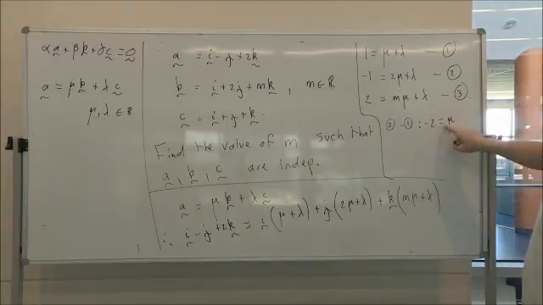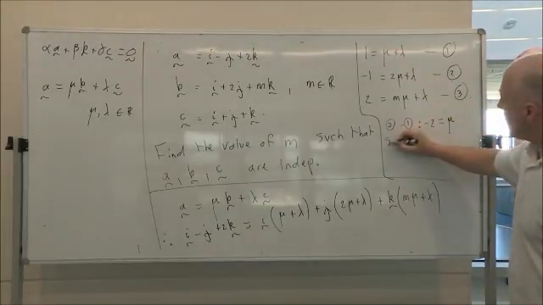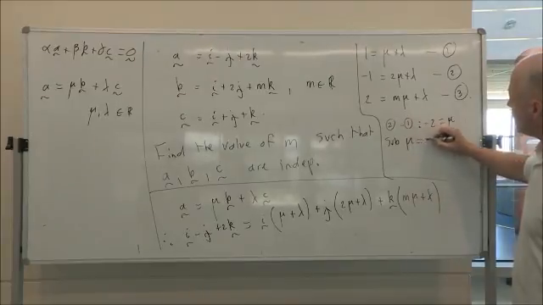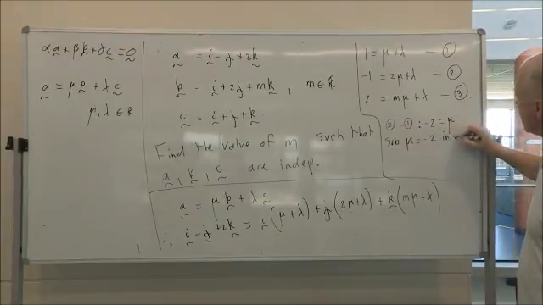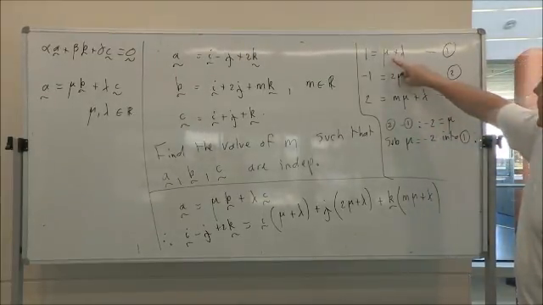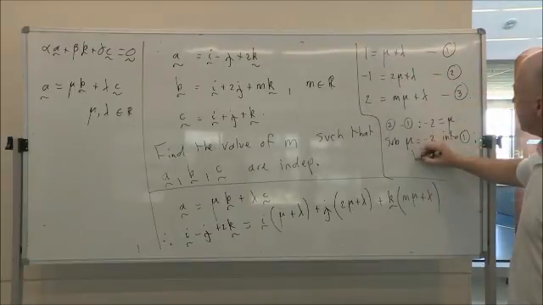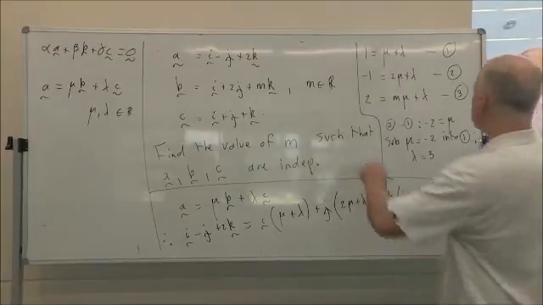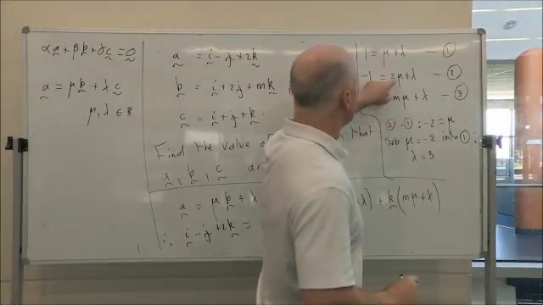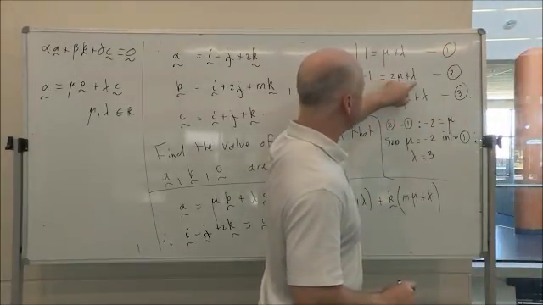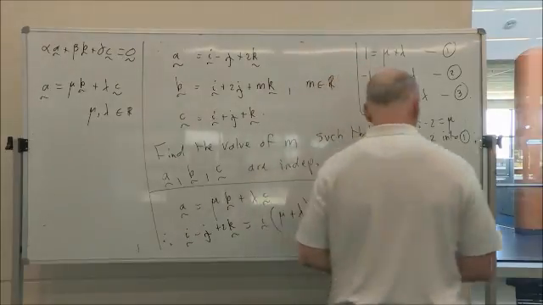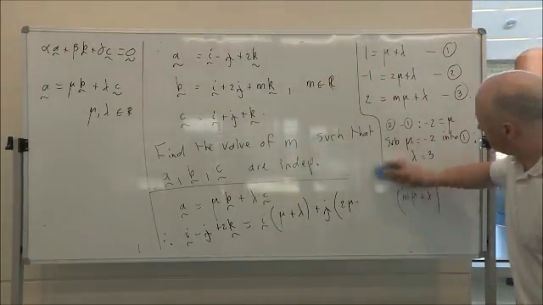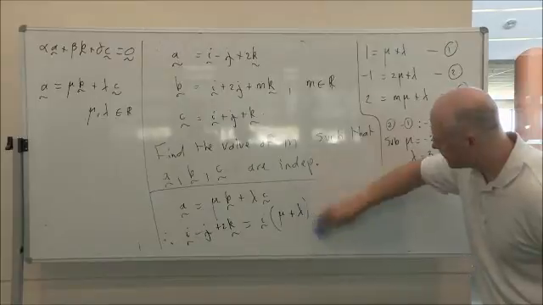Now I can sub mu equals -2 into equation 1, and we'll get that lambda is equal to 3. Check it in the second one: 2 times -2 is -4 plus 3 is -1. That works. Okay, brilliant. I'll just rub out this little bit. We don't need it now.